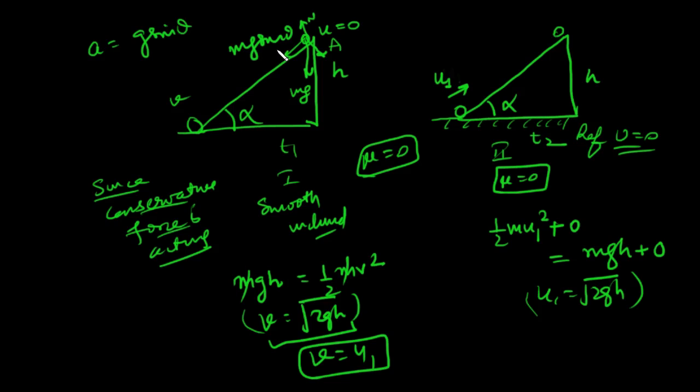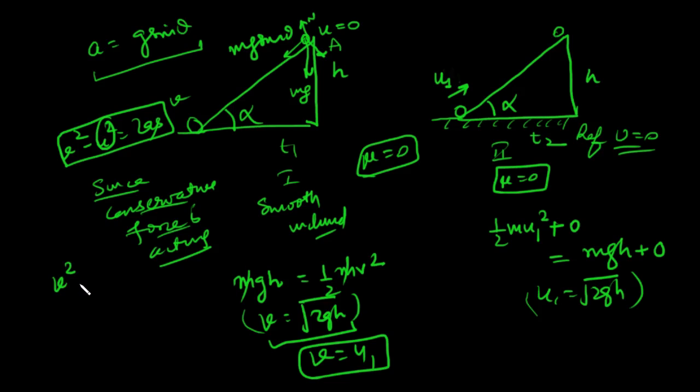Mg sine theta equal to ma, m gets cancelled and a equal to g sine theta. You see, in the third equation of motion we had v square minus u square equal to 2as, if you remember. So here we can apply this equation. Since u here is 0, v square equal to 2as.